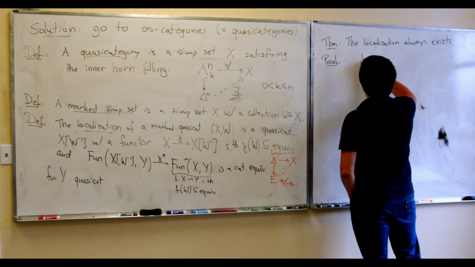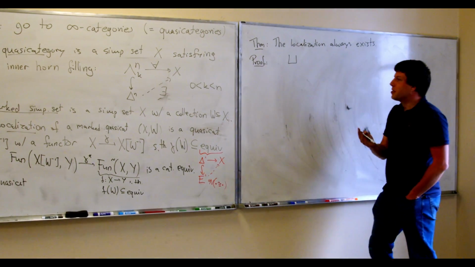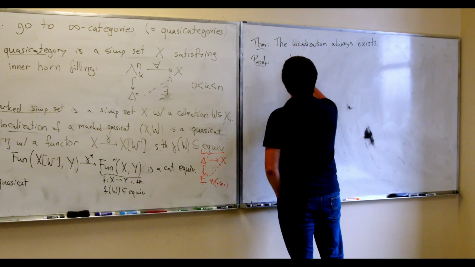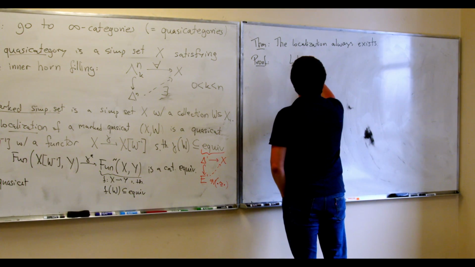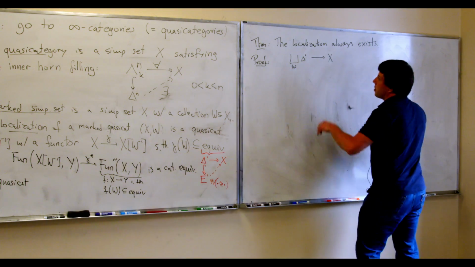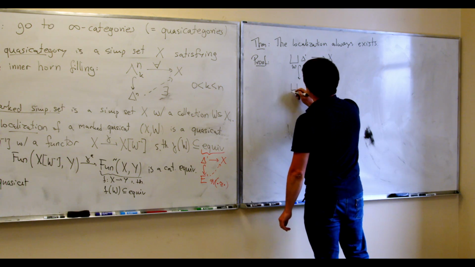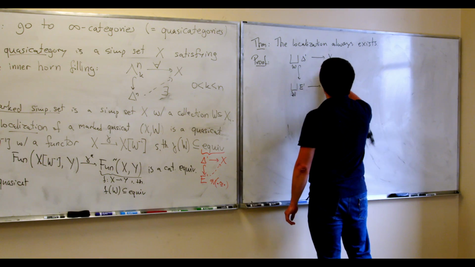I feel like I'm borrowing too many Republican talking points, but I'm a lazy immigrant, so I'm just going to do the same proof as before. So now we're going to take our quasi-category X, and inside of it we have all those weak equivalences. So we're going to add their inverses, E1.